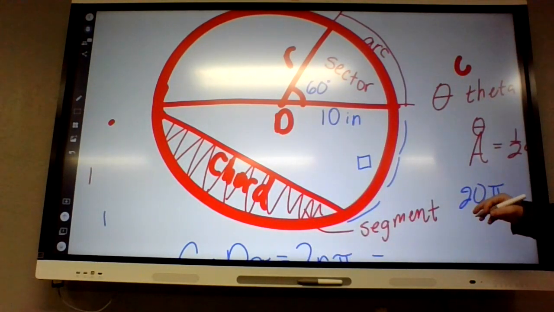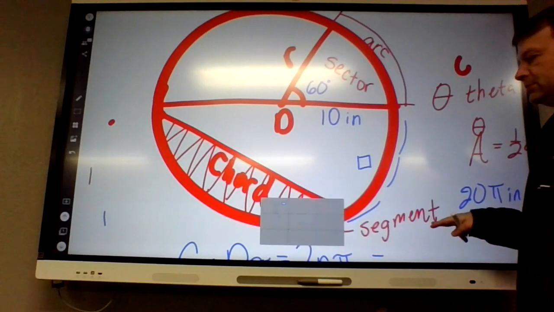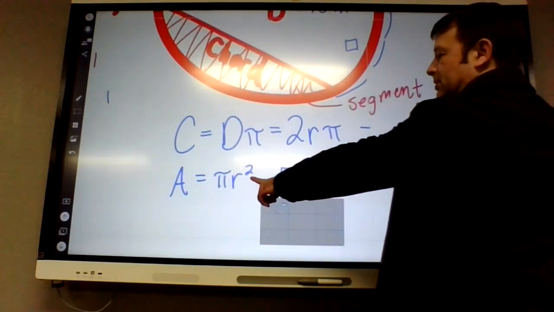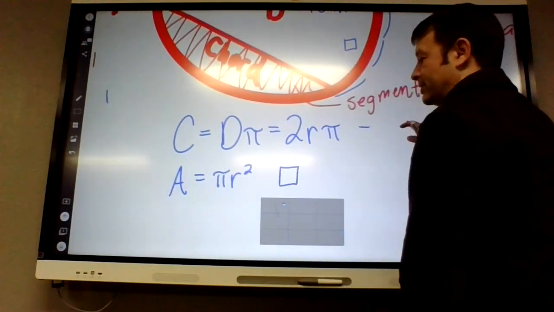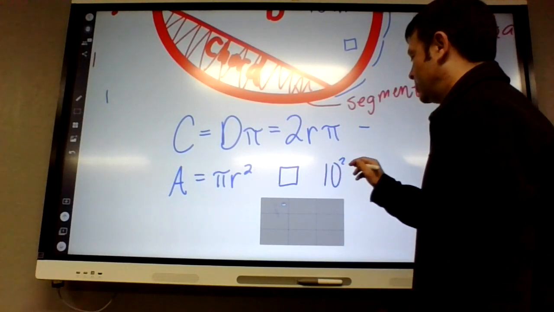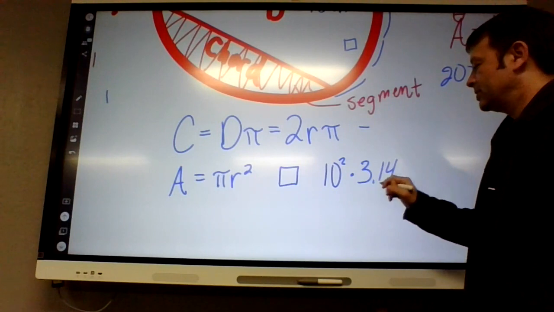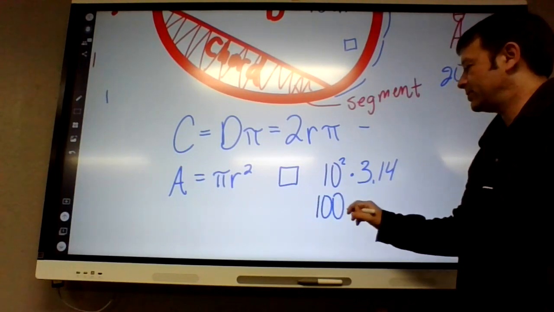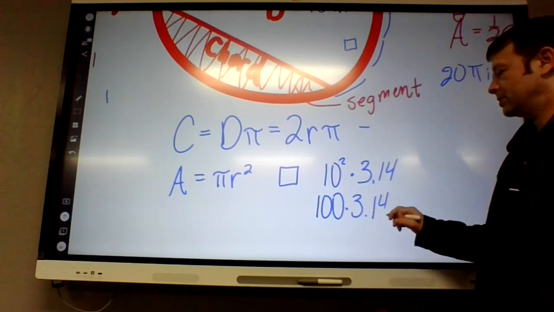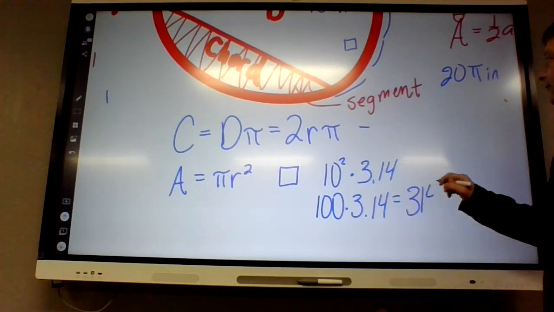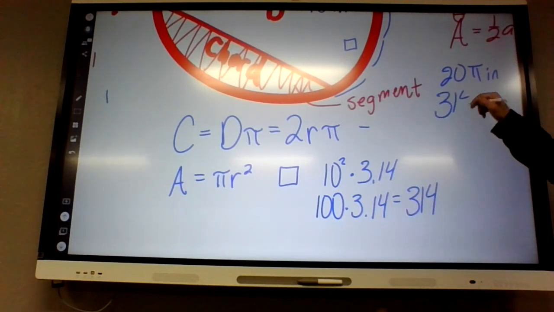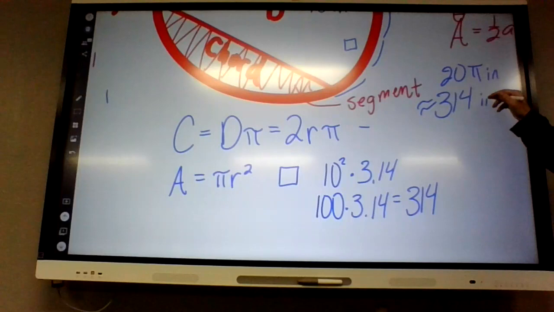Okay, how would I find the area of the circle? That'd be like inches. You guys remember? 10 squared times pi. And what was pi about equal to? 3.14. So 10 squared is 100. What's 100 times 3.14? 314. So it'd be about 314 square inches.